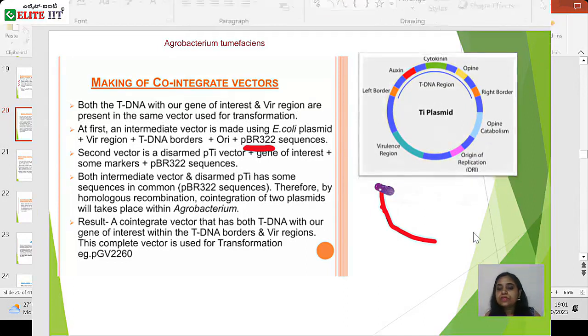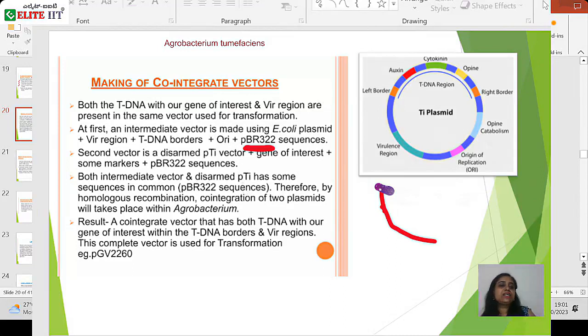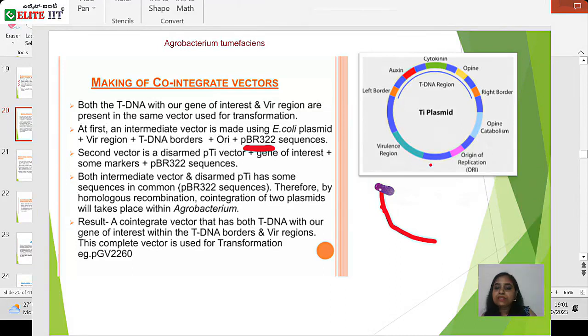Okay. So in this case, what is happening? Vir region is there. It has to be kept. Okay, this is there. The tDNA border, that means left border is there, right border is there. So totally this part, if you consider, is there, origin of replication is there, this part is also there, and now another sequence is added, that is the plasmid DNA sequence.